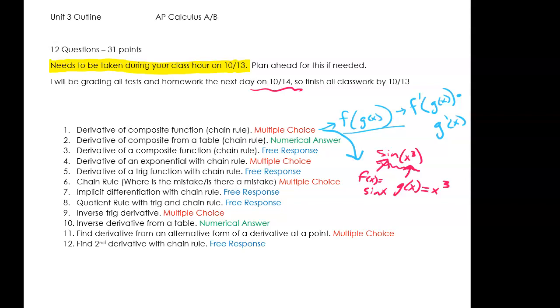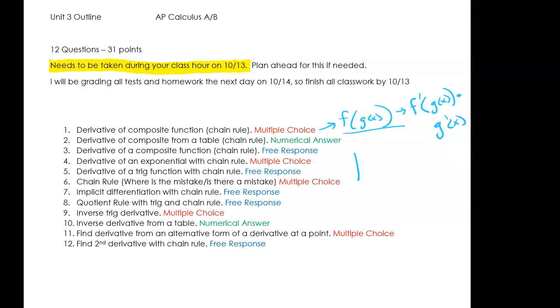Number 2, where it says composite from a table. Now, what that's going to be is it's still going to be this same question, the overlying f of g of x, that the derivative of f of g of x is f prime of g of x times g prime of x.